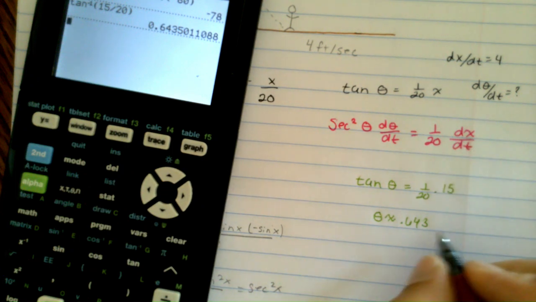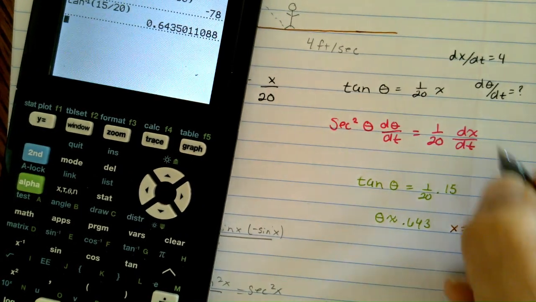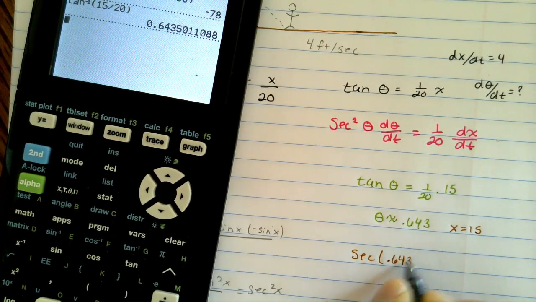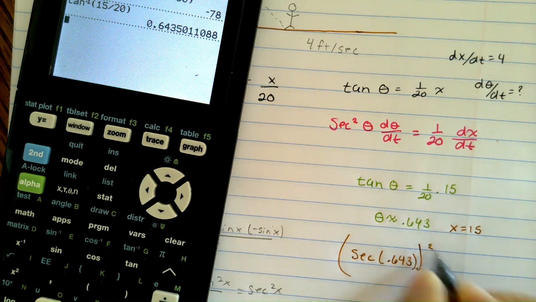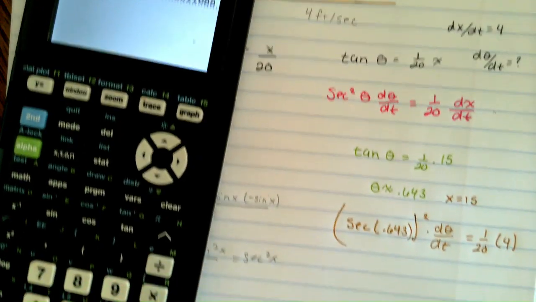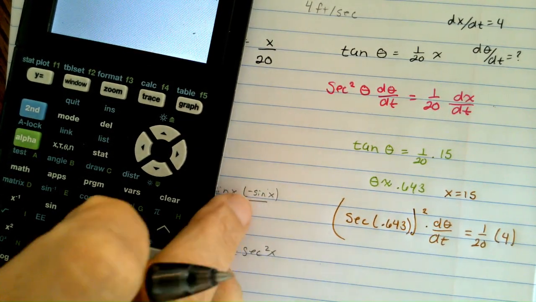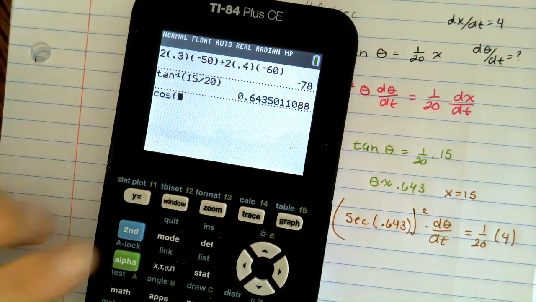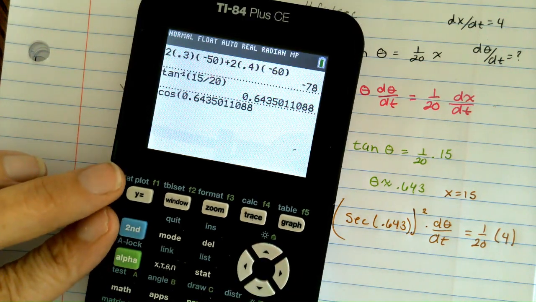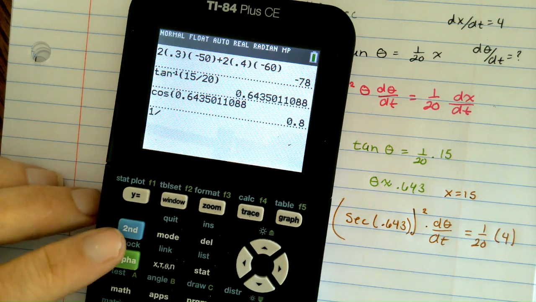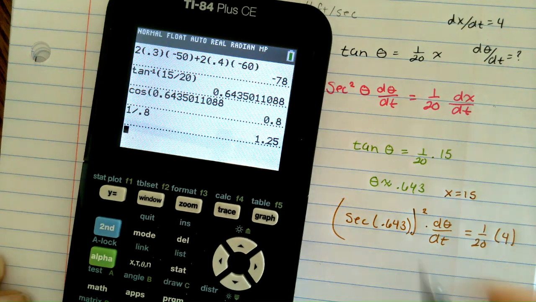So now we need to take that and the fact that x equals 15 and put them into this equation. So the secant of 0.643 squared times d theta dt is going to equal 1/20th dx dt, which is 4. All right, so secant is a reciprocal of cosine, right? So if I do cosine of that, we get 0.8. So if we do 1 over 0.8, we get 1.25.